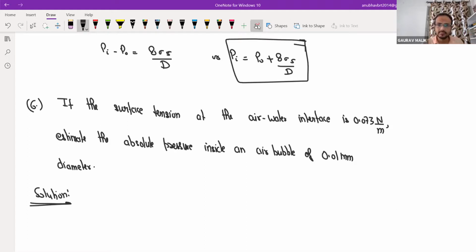The right answer is... 58.4 kilopascal, 129 kilopascal, absolutely wrong. 14.6 kilopascal, 159.7 kilopascal. Everyone is getting a different answer.